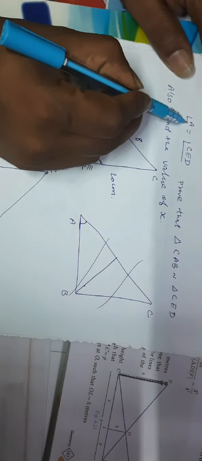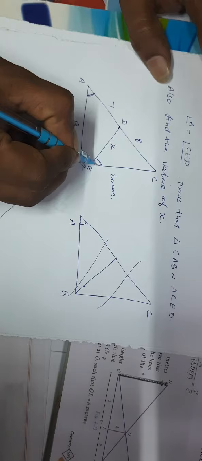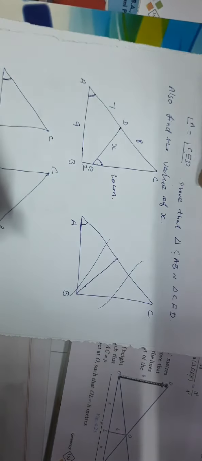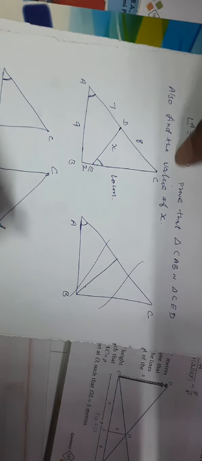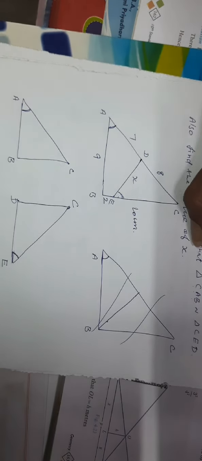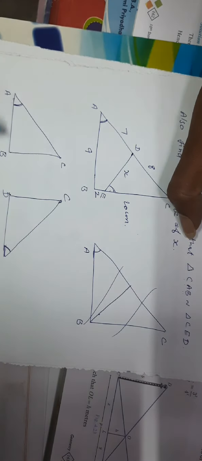They gave angle A is equal to angle CED, that is angle E. So given angle A is equal to angle E, you want to prove that triangle CAB is similar to triangle CED, and also find the value of X. Okay, so I can take the two triangles: first CAB, and then second triangle CED.